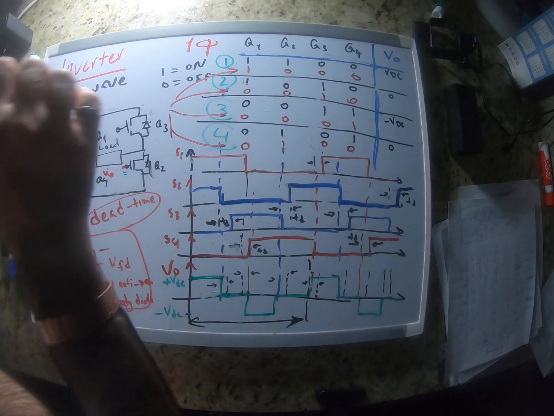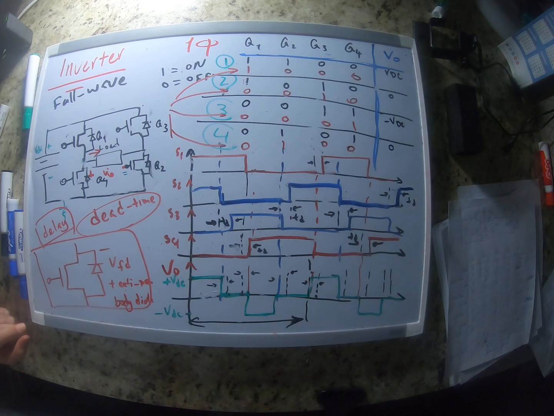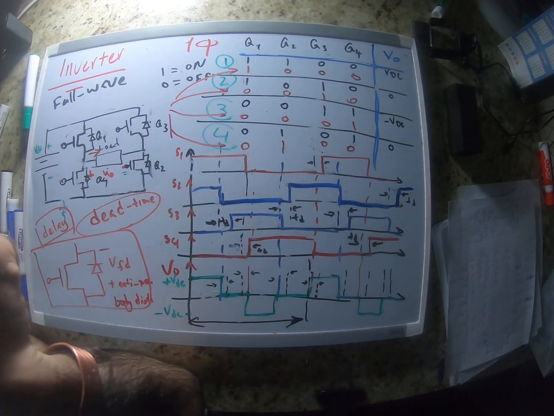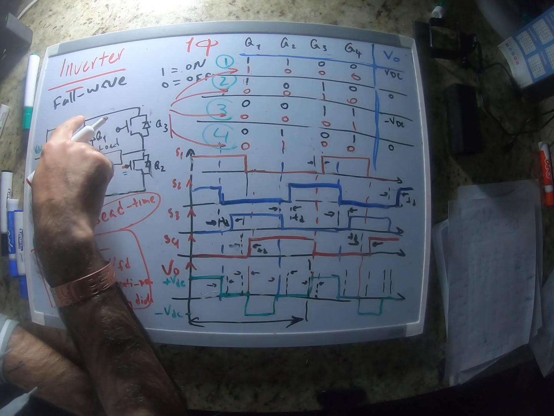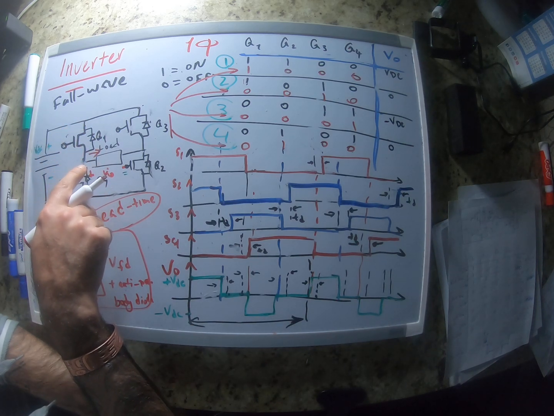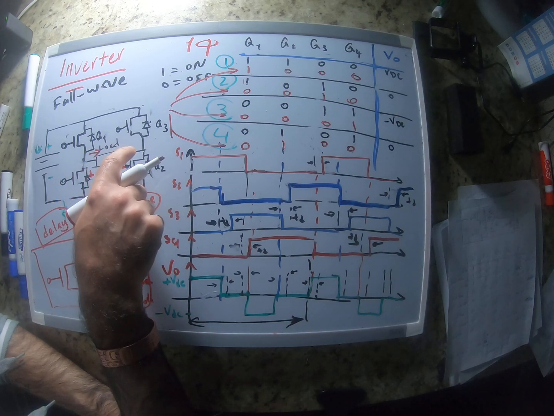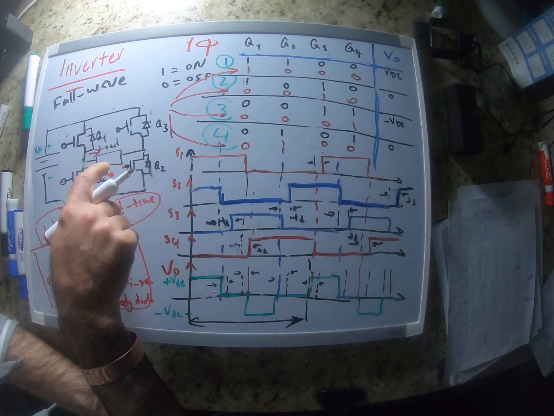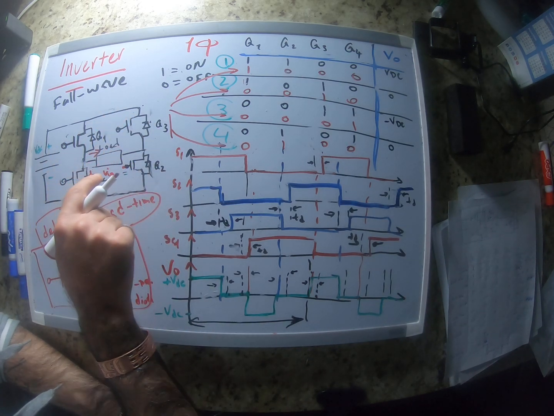Let's assume that the current that goes through the load is this way, as we assumed previously. This switch is on, and this current needs a path to go through. This switch is off, this switch is off, this switch is off.